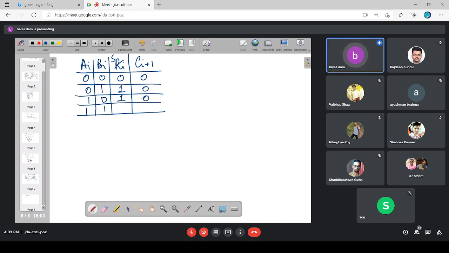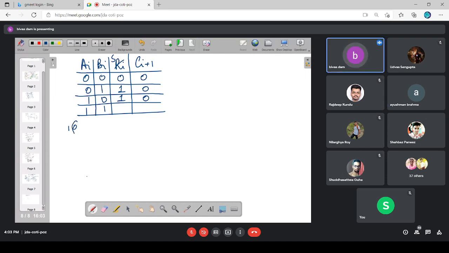If we add 1 with 1, first think in the decimal domain. If you add 1 with a 1, what will be the decimal result? 2. If you express 2 in binary, what will be the binary expression? 10.